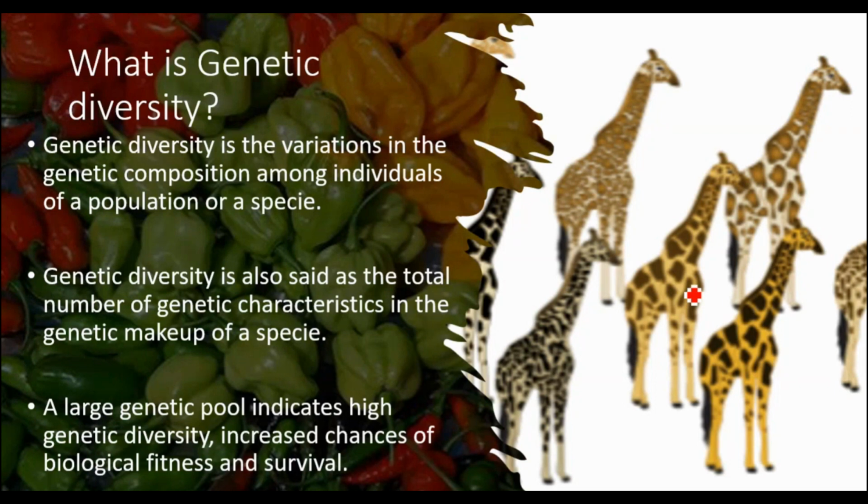And a large genetic pool indicates higher genetic diversity. A large genetic pool means there are more individuals, and there is more variation in that genetic pool. With this variation, there are increased chances of biological fitness and survival.